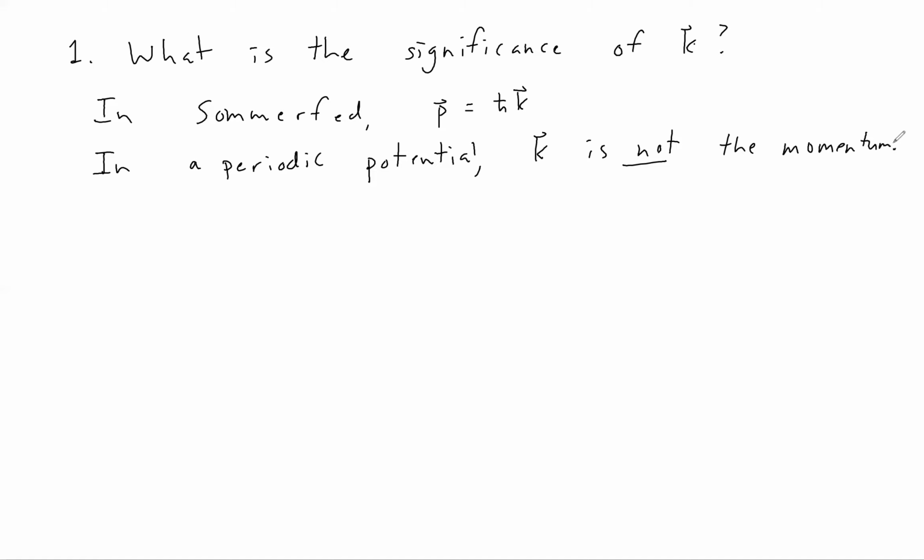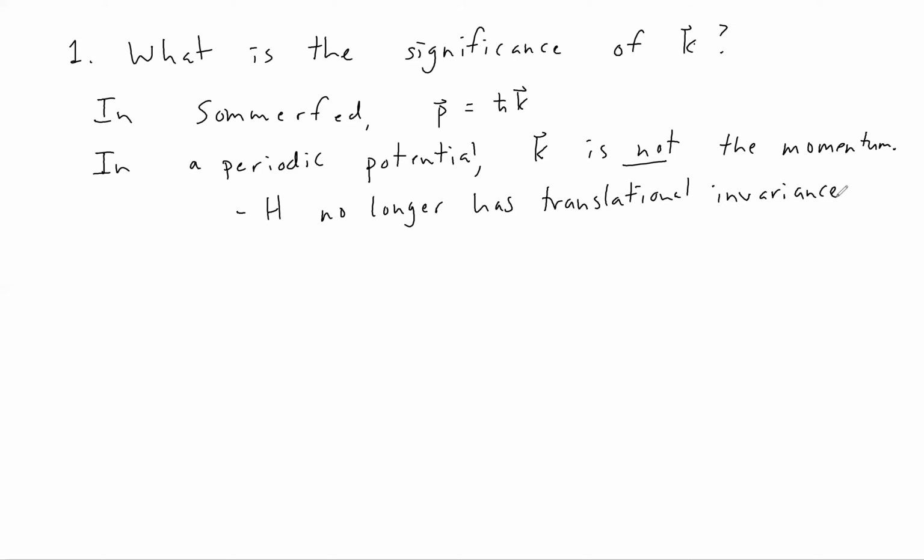You can see this on a formal level by noting that the Hamiltonian no longer has translational invariance. So eigenstates of the Hamiltonian are not eigenstates of the momentum operator in this case, right?